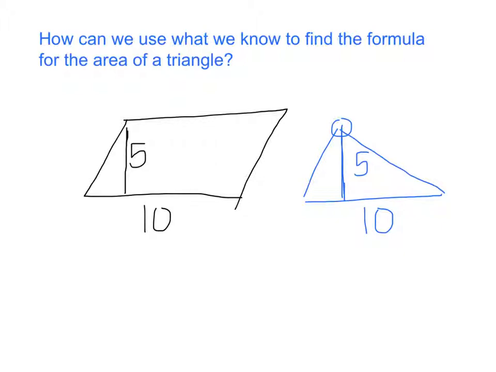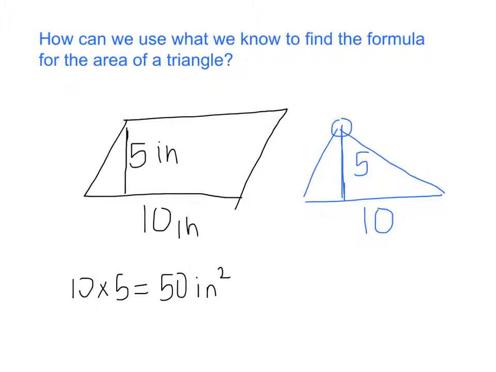We know that the formula for a parallelogram is what? How do I find the area of a parallelogram? The base is 10 and the height is 5. Yeah, I multiply the base times the height, which is 10 times 5, which is 50. Let's call them inches squared.